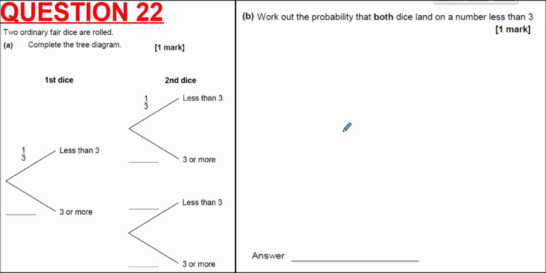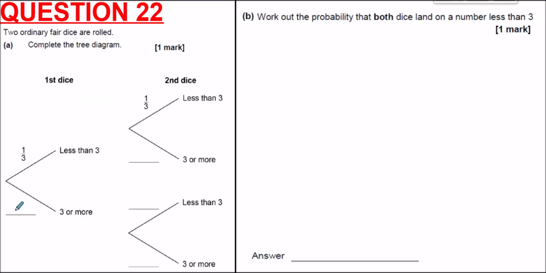Question 22. We've got a tree diagram to complete, about two ordinary fair dice that are rolled. The main thing to know for a tree diagram is that where the tree branches from, no matter how many branches, they will all add up to 1. So this one here is 1/3.